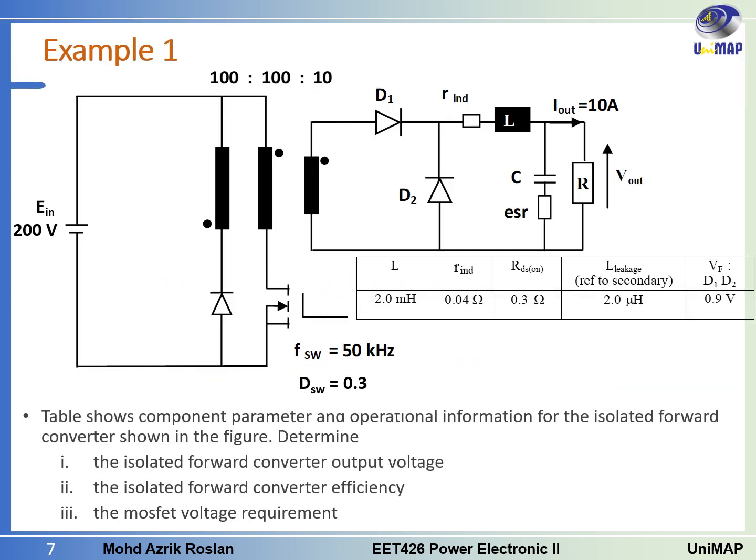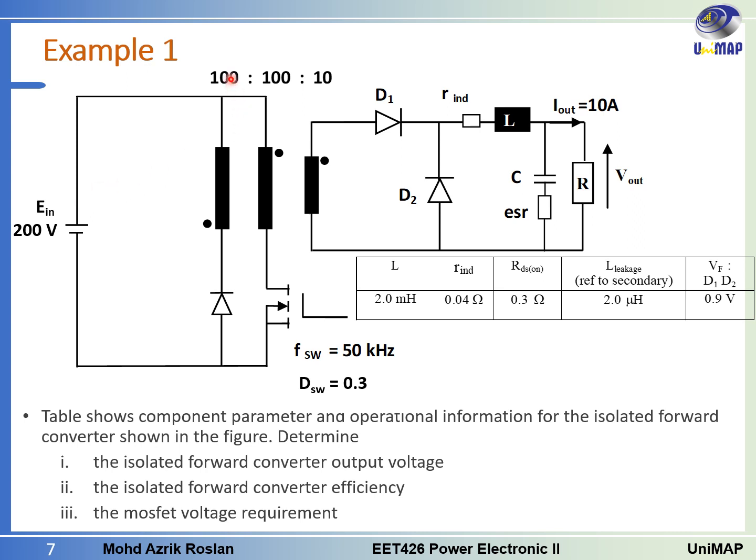This is the first example of the isolated forward converter calculation. In this case, we are given several values. The first one is the input voltage, which is given as 200 volt.